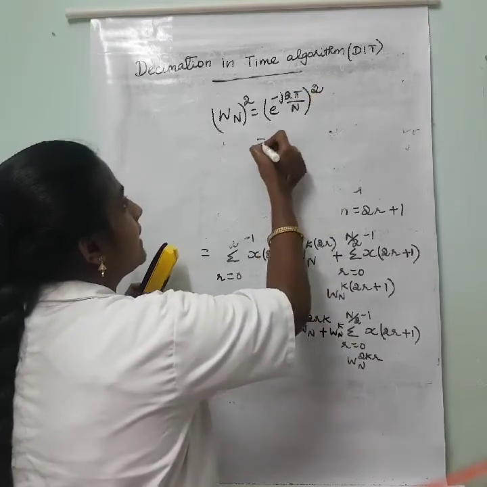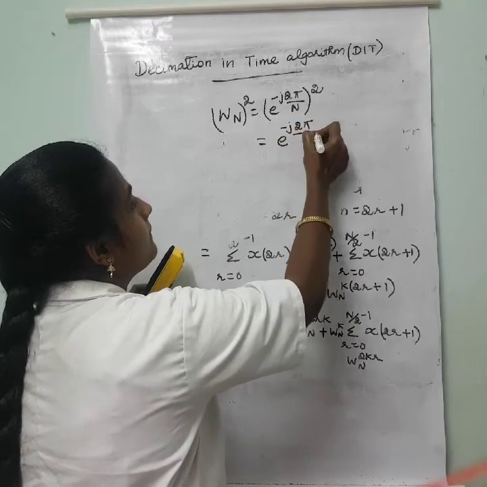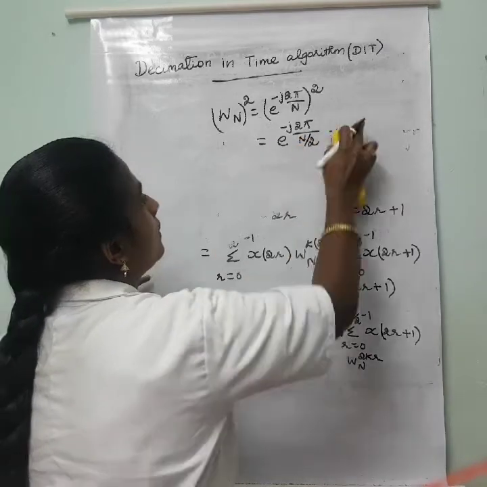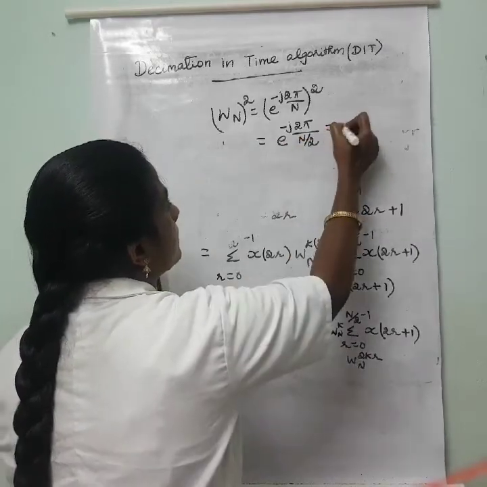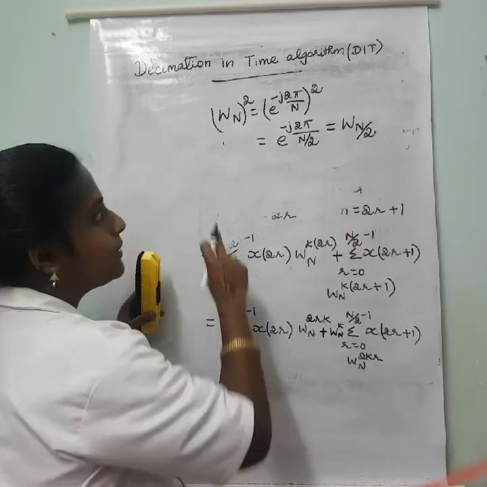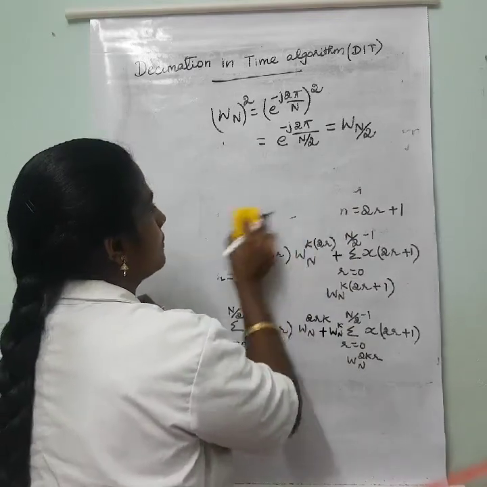This can be written as e power minus j2 pi divided by N by 2. So this can be written as W_N by 2. So W_N square can be written as W_N by 2.